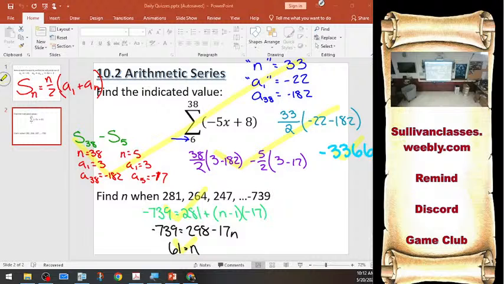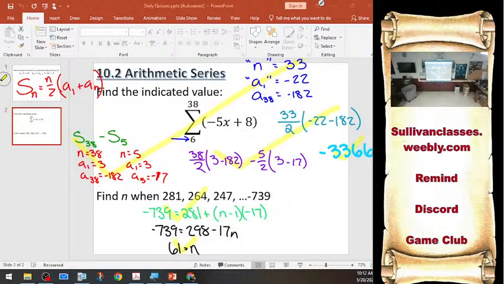What's up? I used the wrong formula. I used the sum of arithmetic on the bottom one. Yeah, I plugged it in and I had like negative 79 equals n over 2 times 281 plus n minus 1.